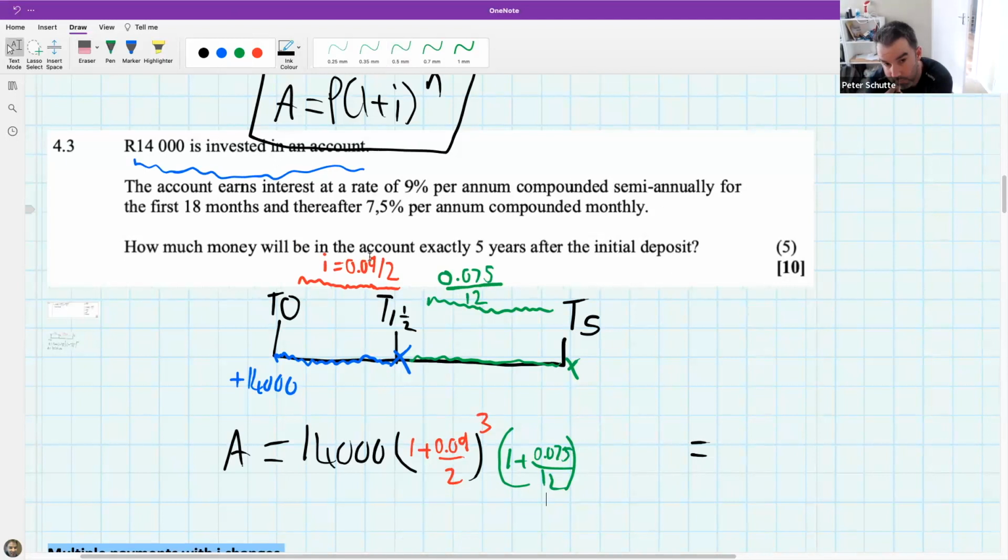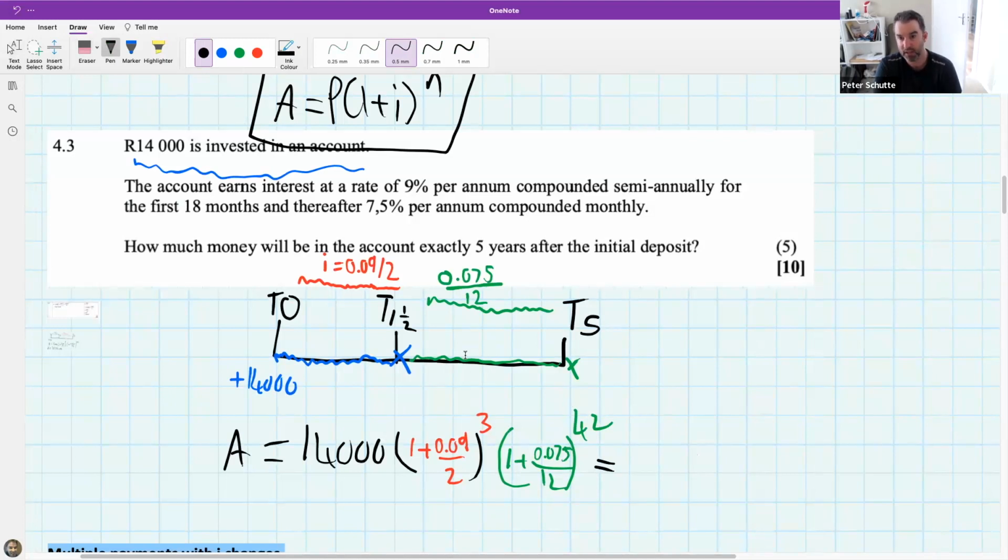I'm in months. Now, how many months are there from T1.5 to T5? Well, it's 12 for each year, so that's 36, but there's a half year, so then this must be 42. And now I have to try and get what the answer is for growing. The red grows at the first bit, and then the green grows at the second bit.